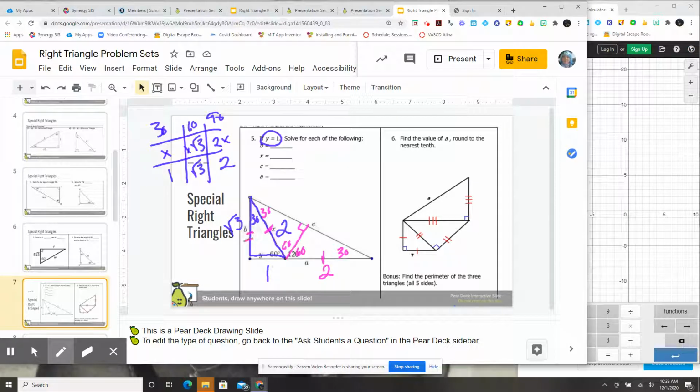If this is the square root of 3, then this is going to be the square root of 3, and so is this. So if we're looking for b, that's the square root of 3. We're looking for x, that was 2. C is this whole distance, so that's the square root of 3 plus the square root of 3, or 2 times the square root of 3. You can also find that as a decimal, no big deal. And then A is 2.